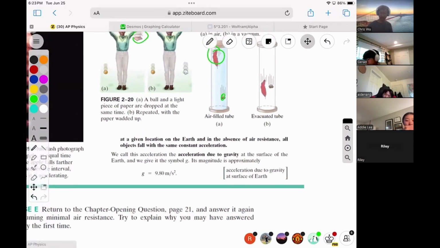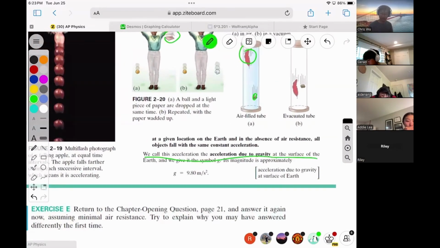And it turns out, on the surface of Earth, as long as we're neglecting air resistance, the acceleration due to gravity is a constant 9.8 meters per second squared. Remember, the cheetah is only doing about 5 meters per second squared, and he is considered the fastest animal on Earth, but gravity is doing 9.8, and that's why falling is so dangerous, because it's almost twice as much as the most powerful animal when it comes to speed.